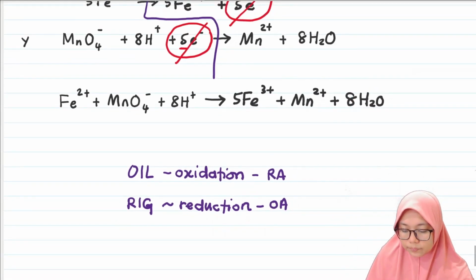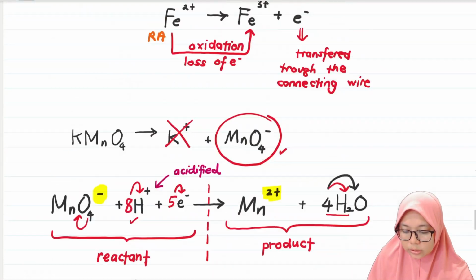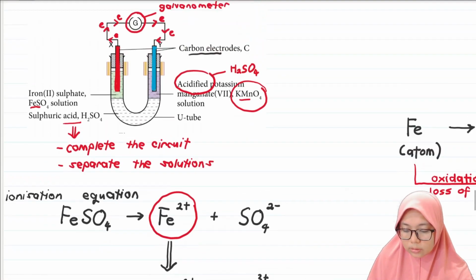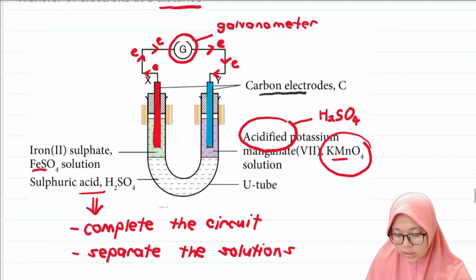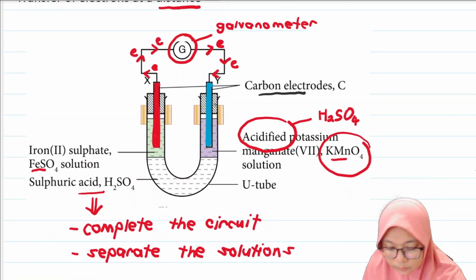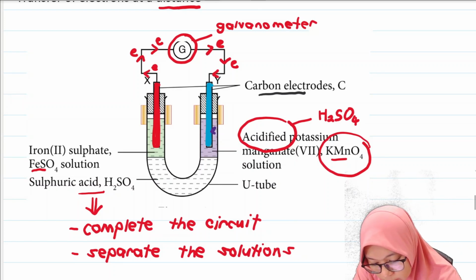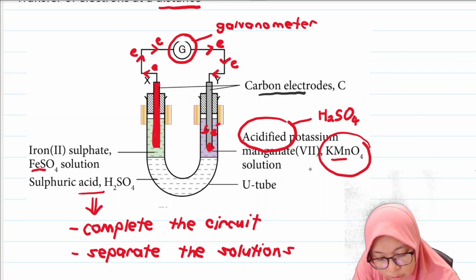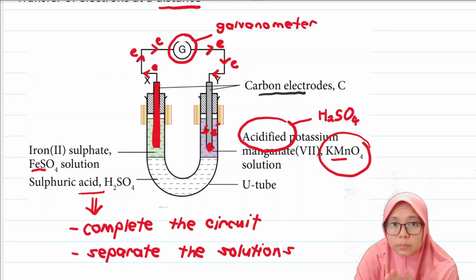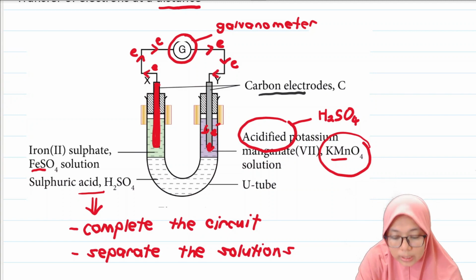Now for this reaction, as you can see here, after the electron is transferred to the Y electrode, the manganate ion will accept the electron here. So the electron is accepted at the Y electrode. The color at the Y electrode will change from purple solution to colorless solution.